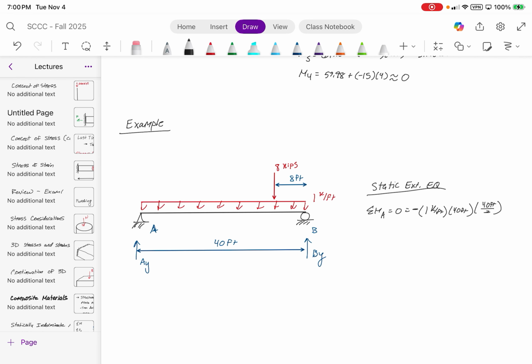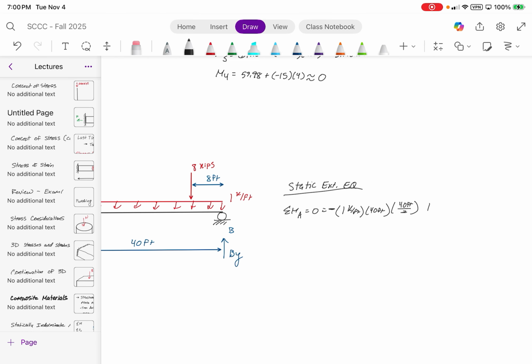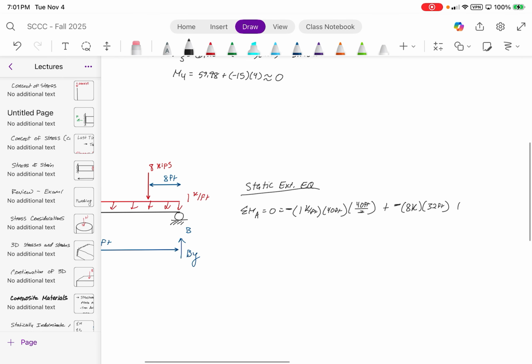You multiply it by negative because it's causing a negative rotation about point A. And then you add the negative 8 kips times 40 feet minus 8, which is 32 feet, plus BY times 40 feet.